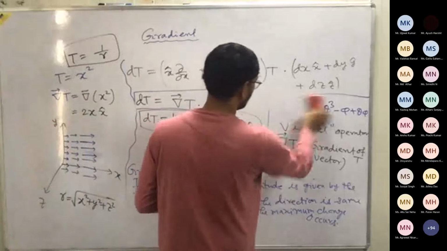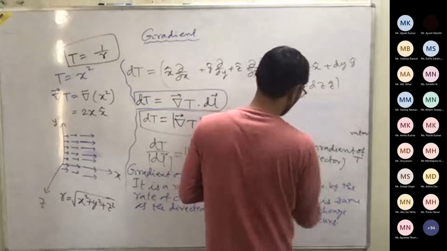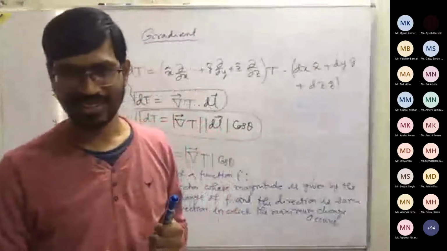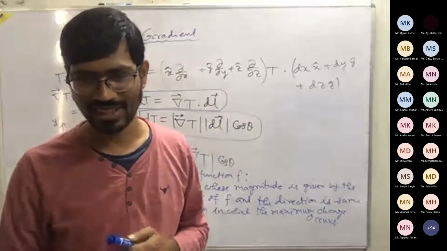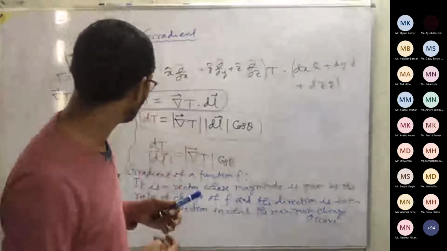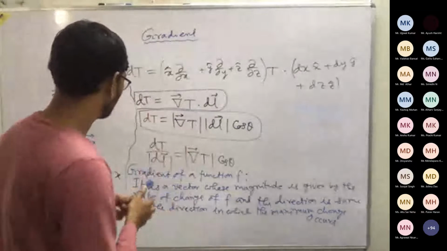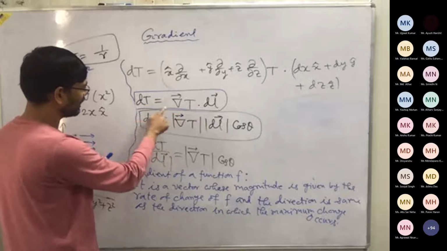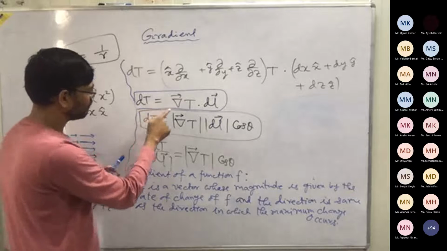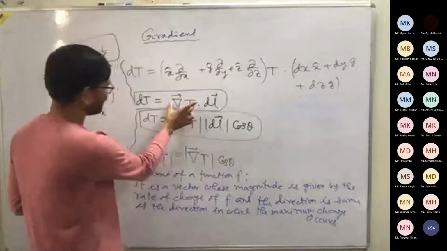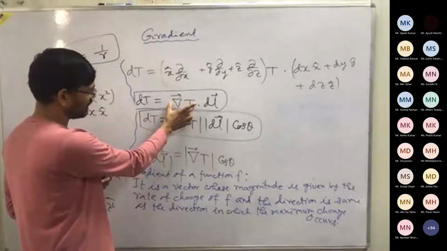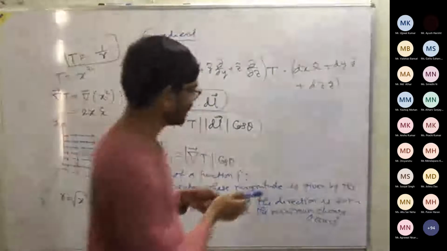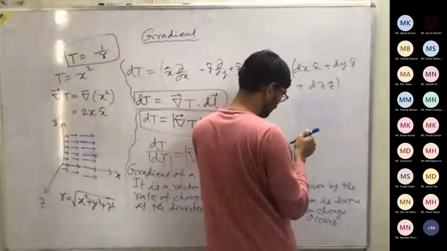Now there's one more concept called directional derivative. Usually you take a derivative, dT over dl. Essentially the gradient of a function T is the dT over dl with some direction.